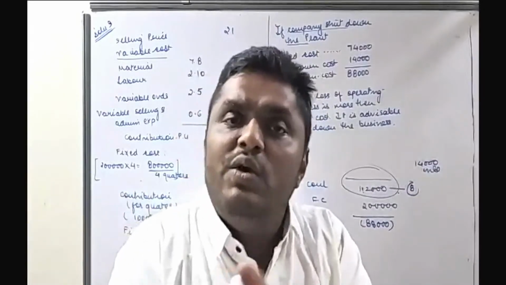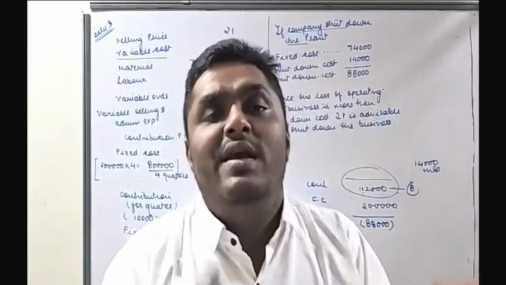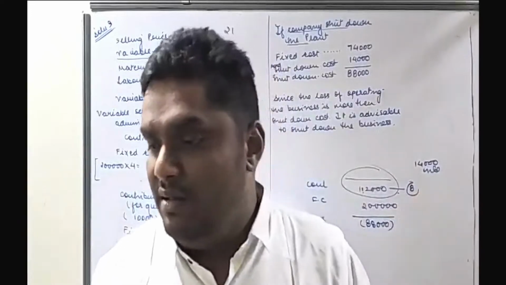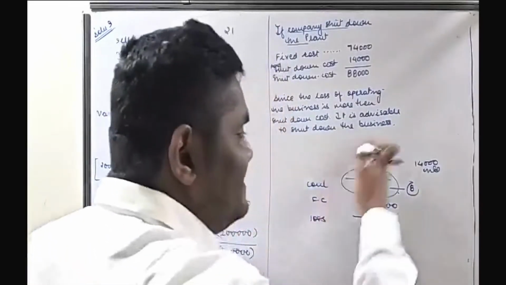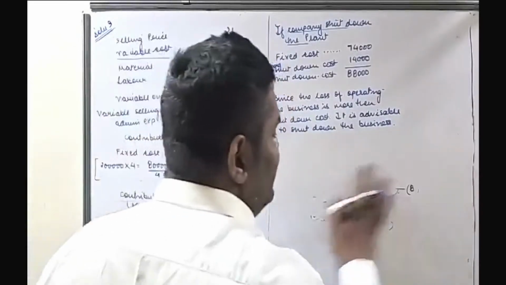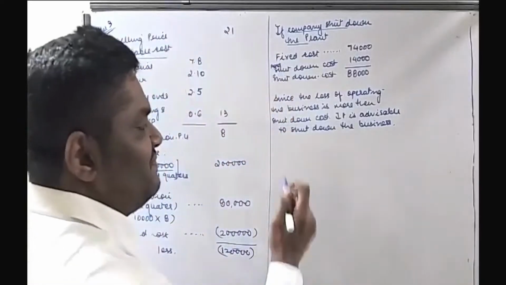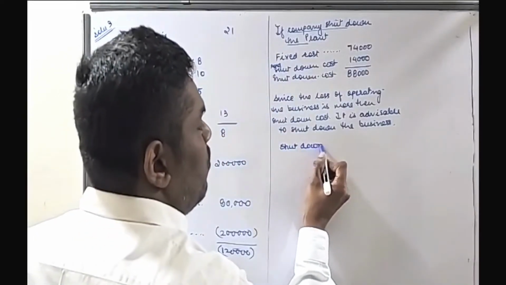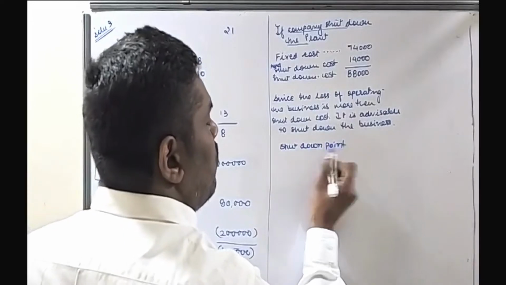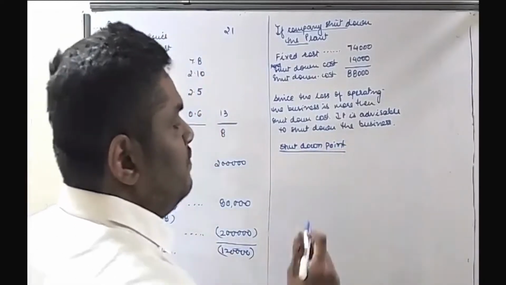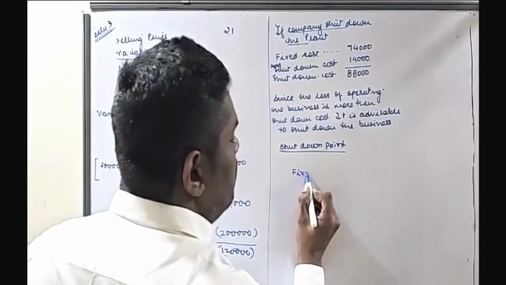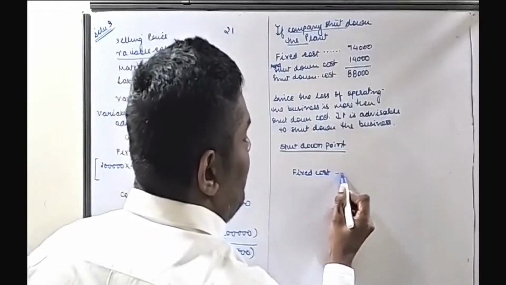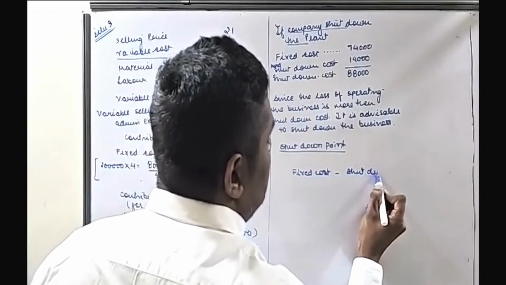If the production or sale goes below 14,000, then better shut down the plant. So here, this is the simple way when talking about the formula. Fixed cost minus shutdown cost.